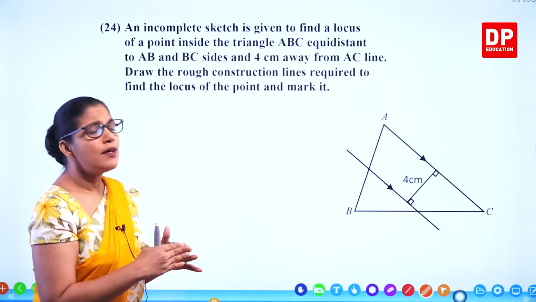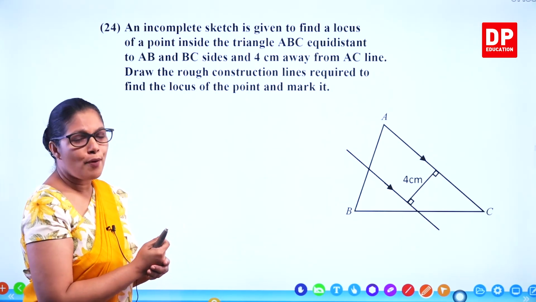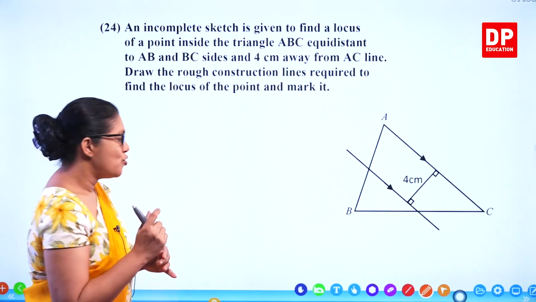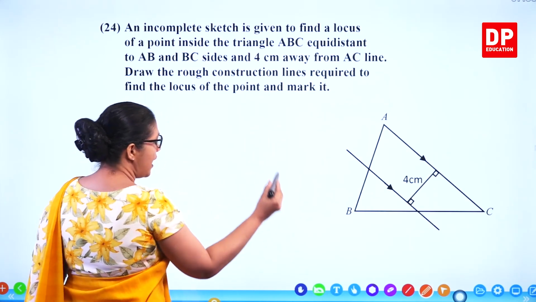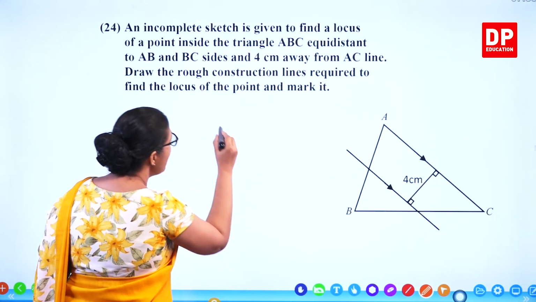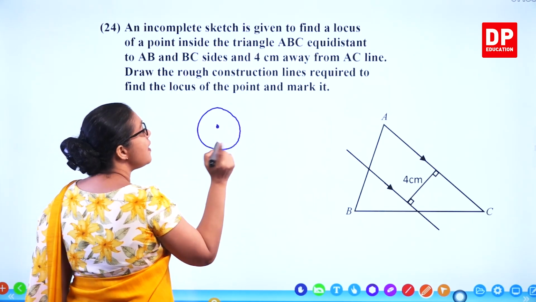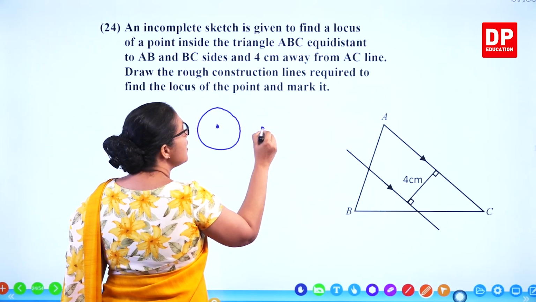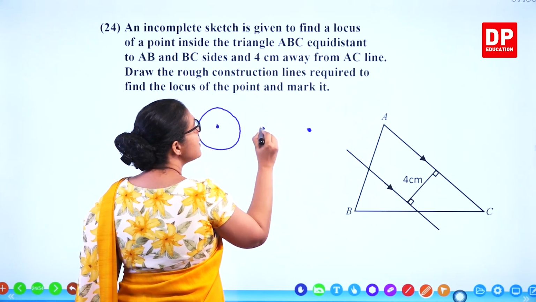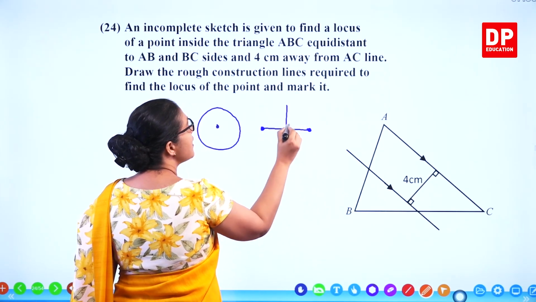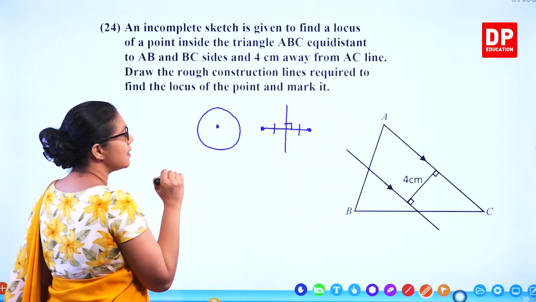So what are the 4 important loci you need to know? Equidistance from a point is a circle. Equidistance from 2 points is the perpendicular bisector.